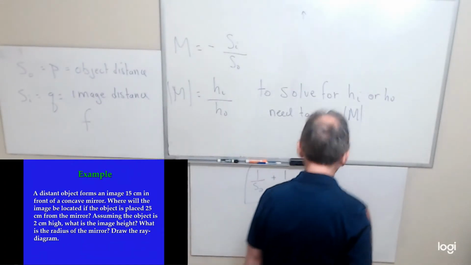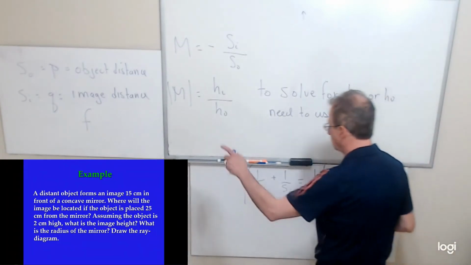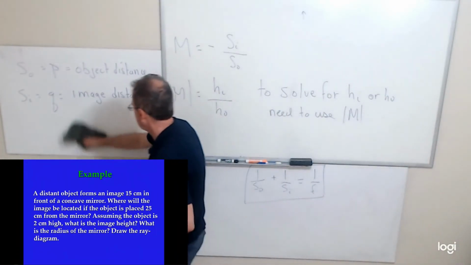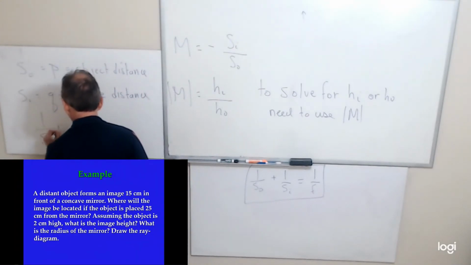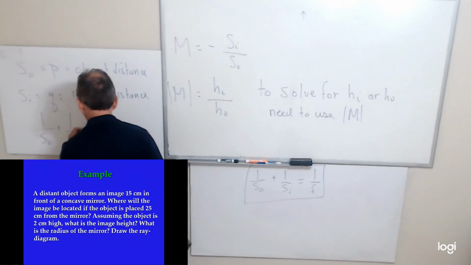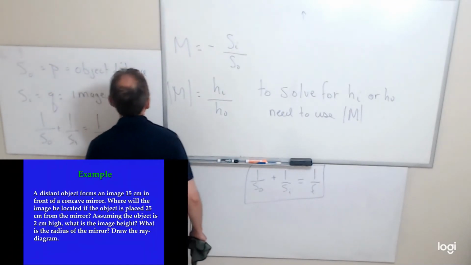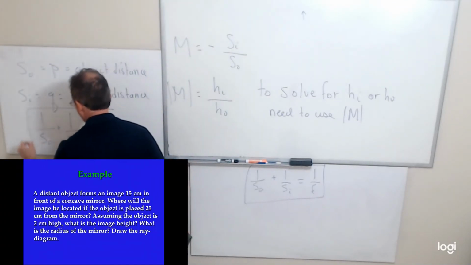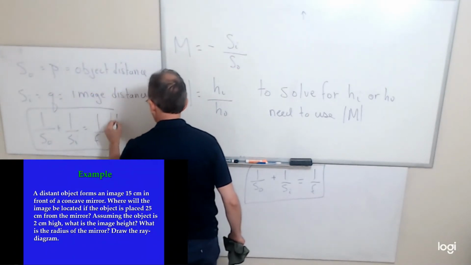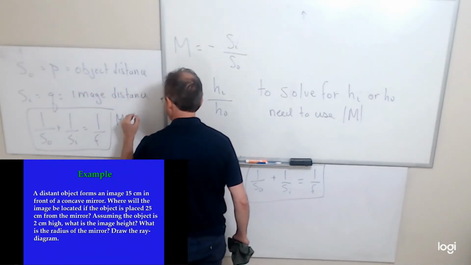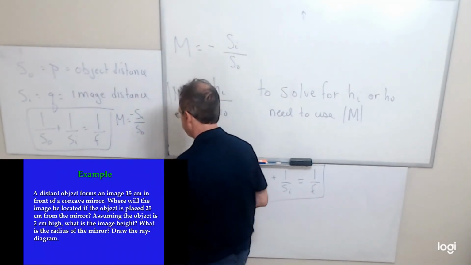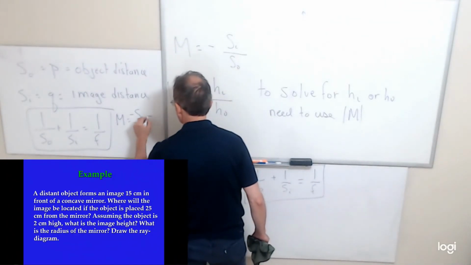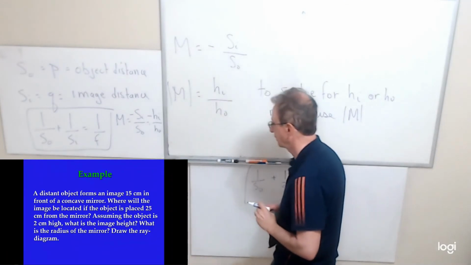It's not too complicated. Let me write my object image formula here. And I guess I should write my magnification formula too. Okay.